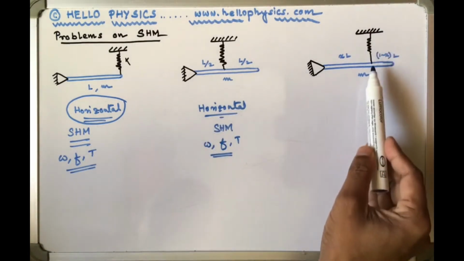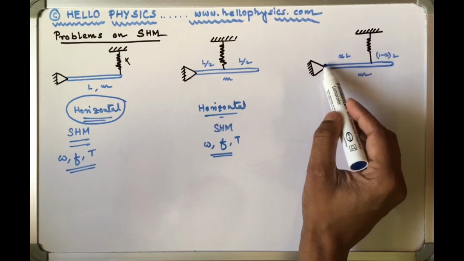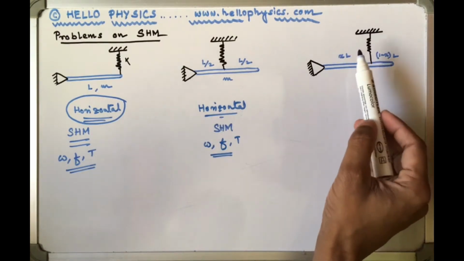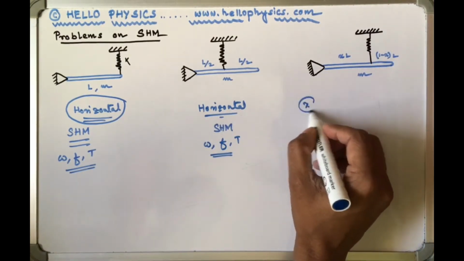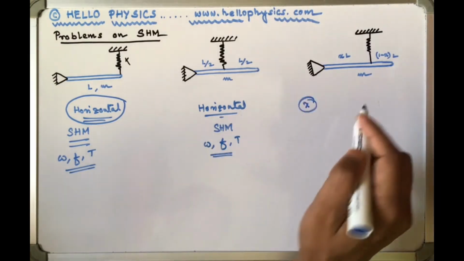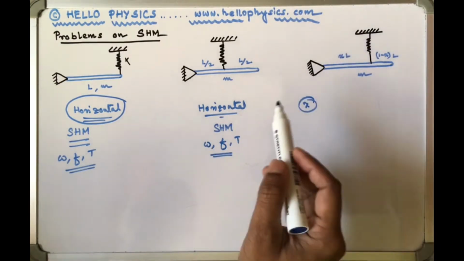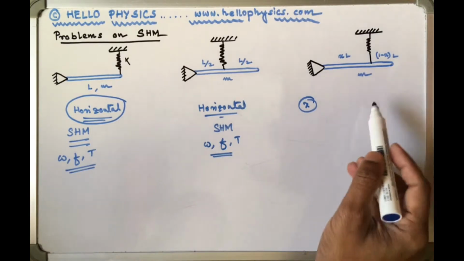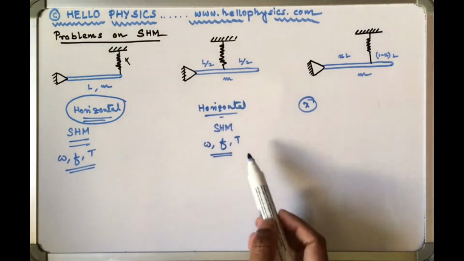Let's say now the spring is located at a distance of x times L, where x is a variable, in the sense that you have to find out the omega, the F, and the T for the same information given.